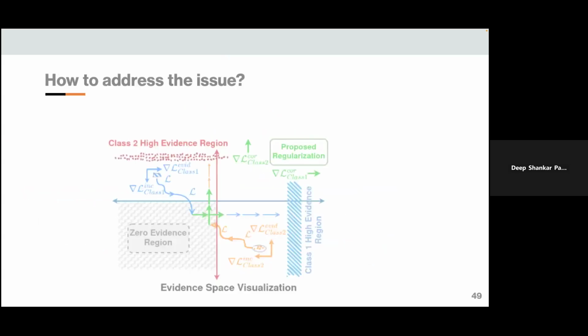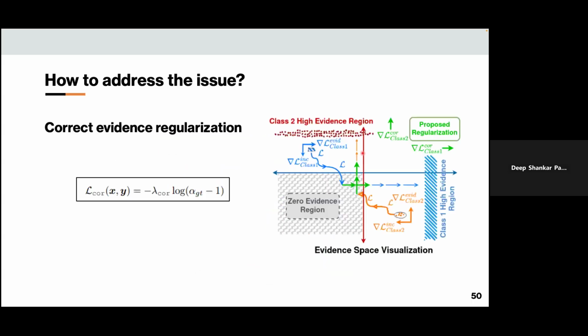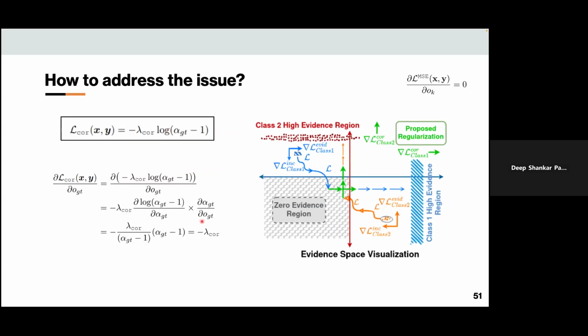It's based on the hyperparameter lambda. For the existing evidential models, the gradient was just becoming zero in this region, leading to the issue. But with this regularization, the gradient is basically the hyperparameter we introduce. So it can enable the model to learn from the zero evidence region.